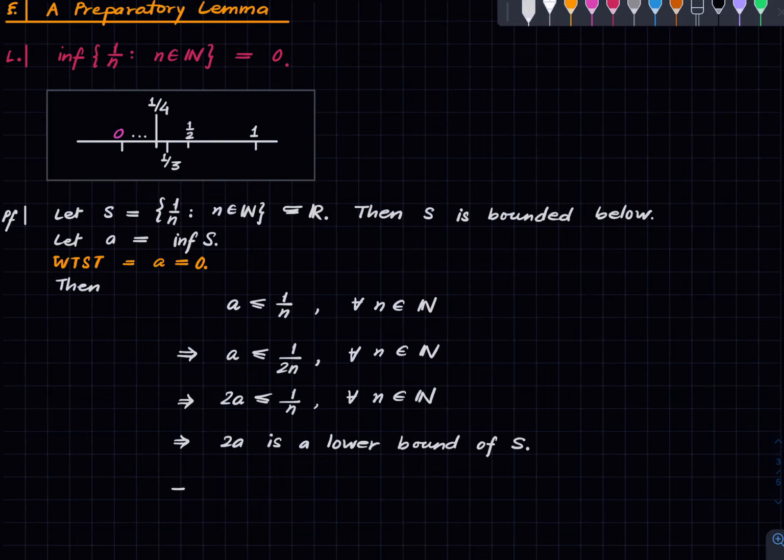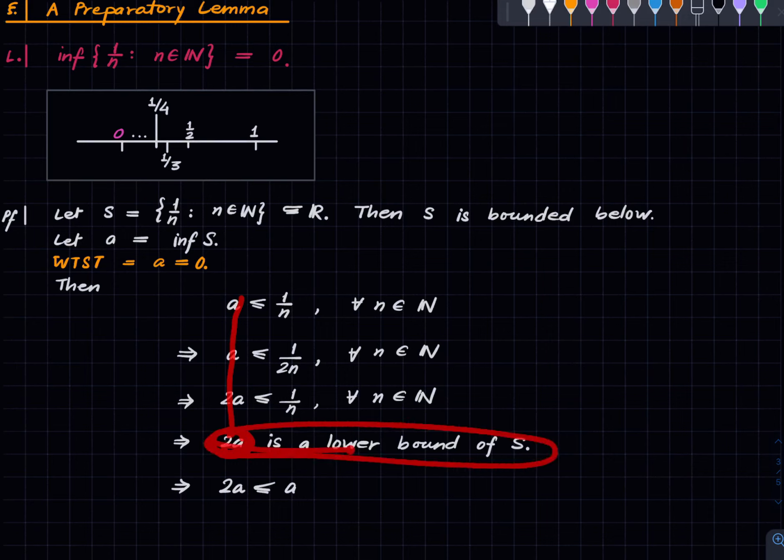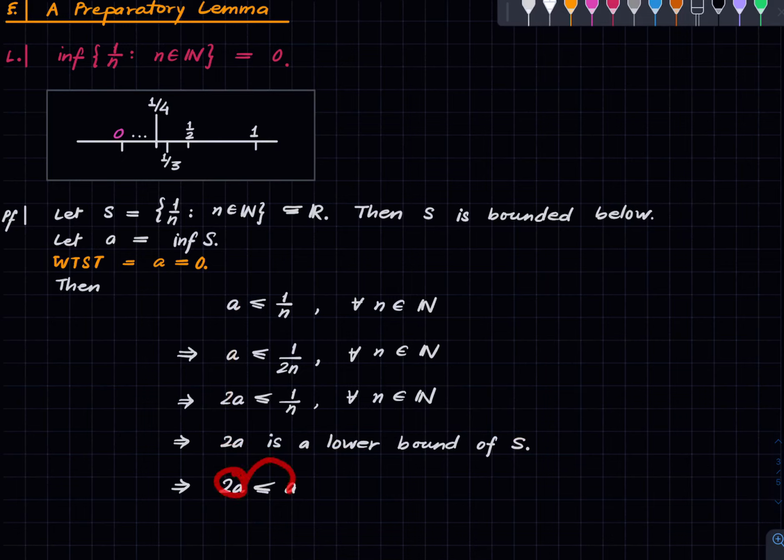And since it is a lower bound, it will be dominated by the greatest lower bound, which is A. This was the greatest lower bound, which led us to the conclusion that twice of it is also a lower bound. But since this is the greatest lower bound, it will be dominating every other lower bound. So we have that.